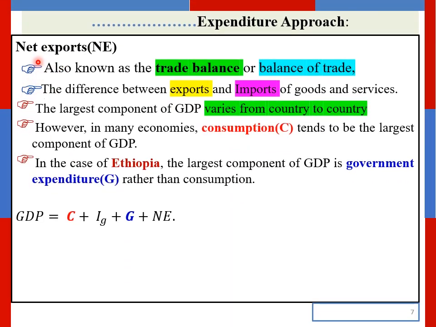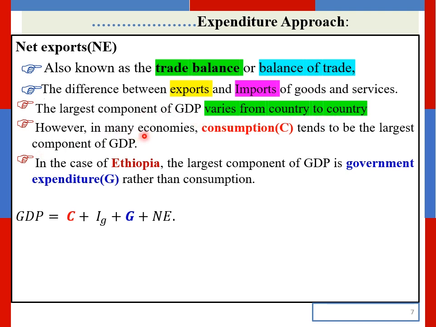Another component of the GDP is net export. Net export is also known as trade balance or balance of the trade. When you say the net export, it is the difference between export and imports. The largest component of GDP varies from country to country.